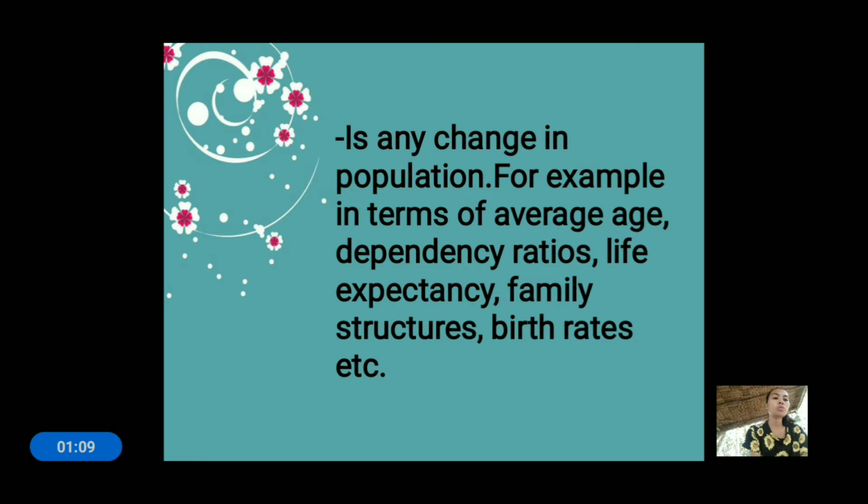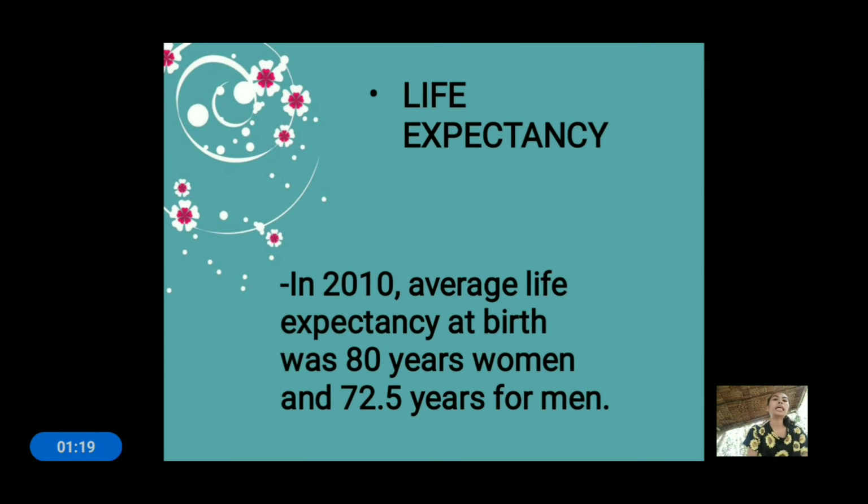Now we will discuss examples of demographic change for you to understand it better. Life expectancy. It differs across countries, ranging from 68.7 to 82.2 years in 2010, a gap of 13.5 years.